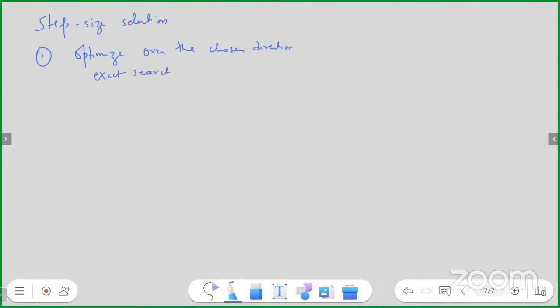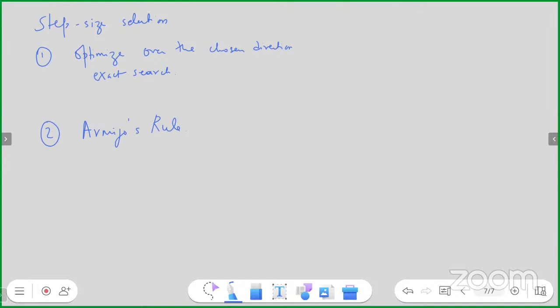The second is a somewhat guarded method, and one of them is Armijo's rule. That's what we'll discuss next, and we'll try to see what guarantees we can get for Armijo's rule. The J is supposed to be read as an H here, Armijo. So it comes from Mexican.